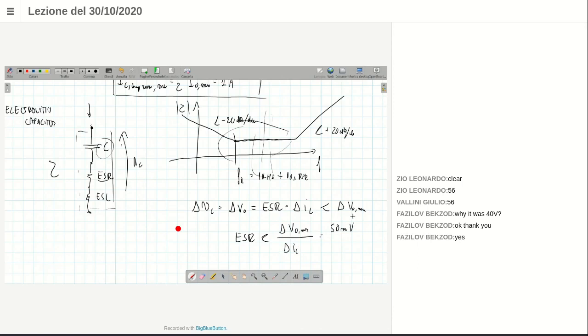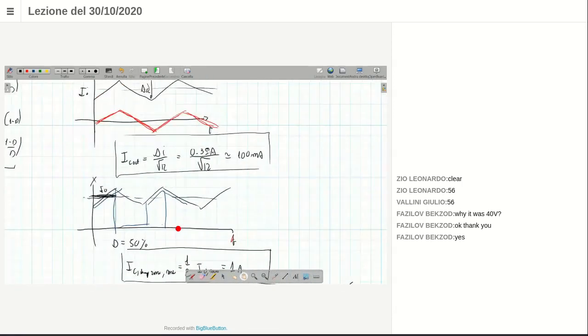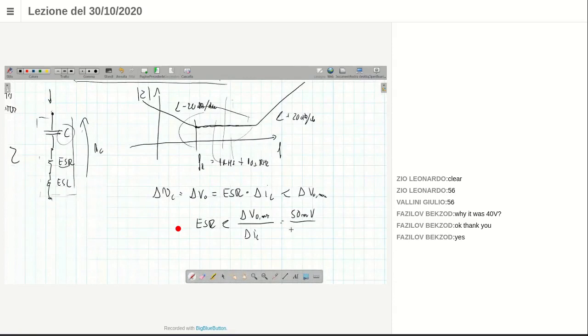If this is 50 millivolts from our specifications, and delta IL, which we have calculated many times, is 0.35 amps, we get that ESR should be less than 0.143 ohms.